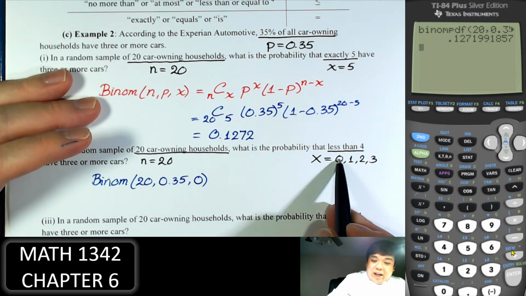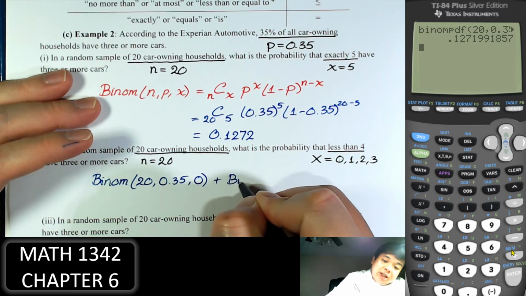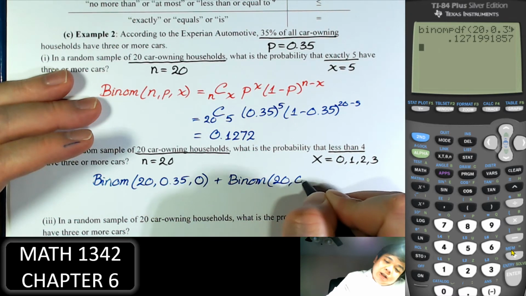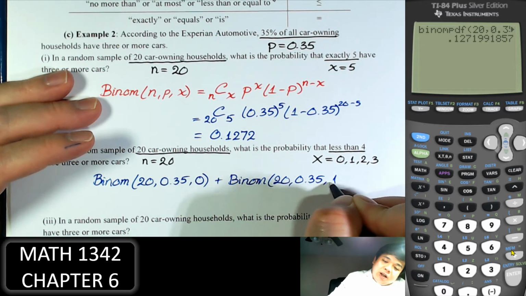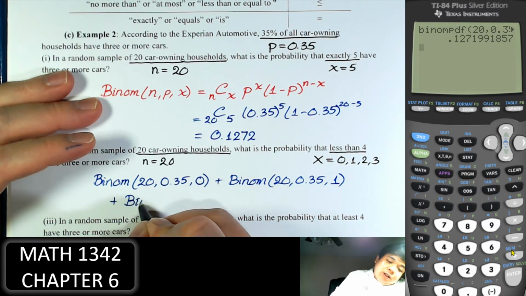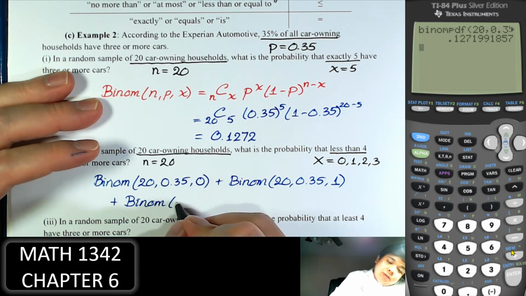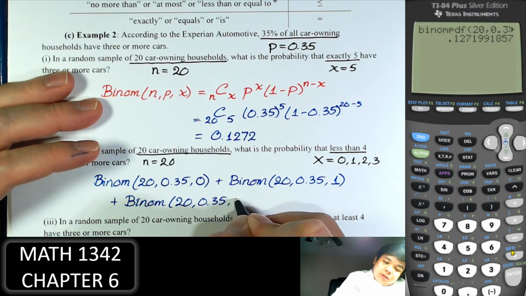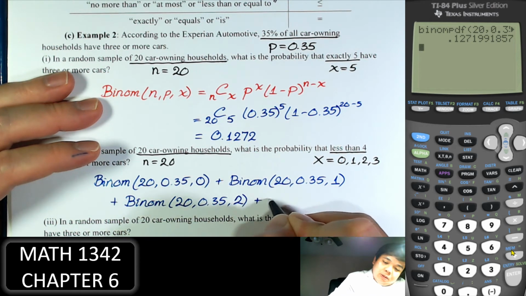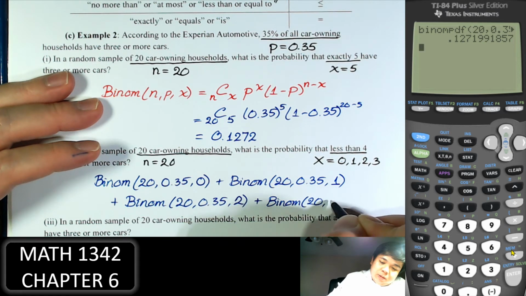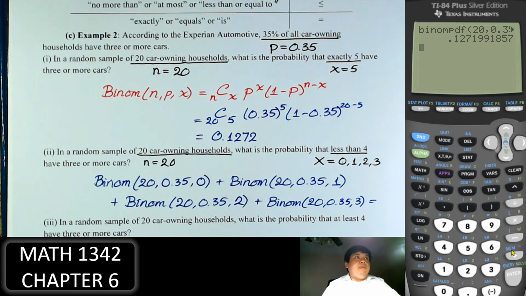So we do that for x equal to 0, and now we do the same thing for 1 household, and then 2, and then 3. So add all of them up.